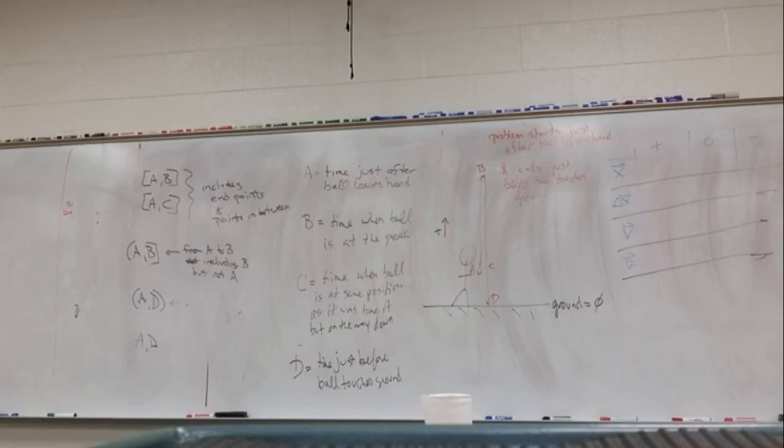If it's stagnant, it's zero, or if it's moving in the negative direction, it's negative. You're right. Every single time it's gonna go slower. That's the issue. At B it's zero, and then from B to D it's negative. Once it's going down, it's gonna go faster, and the velocity is negative, so it'll be the opposite, right? That makes sense.